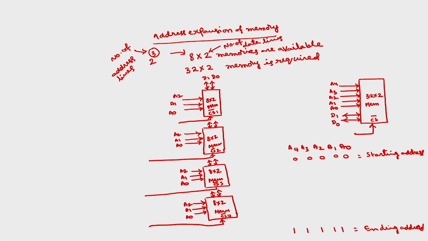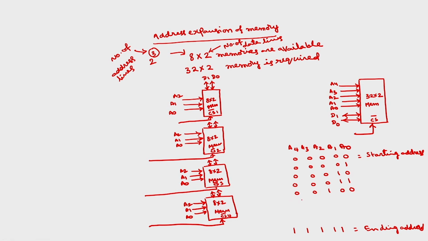If I take the first 4 locations, what happens here? This is 000, 001, 010, 011, 100, and so on.